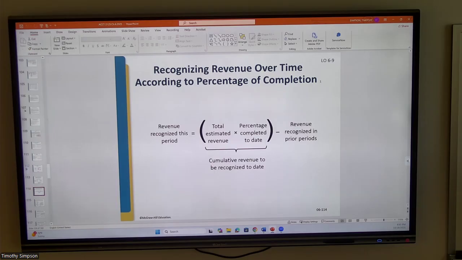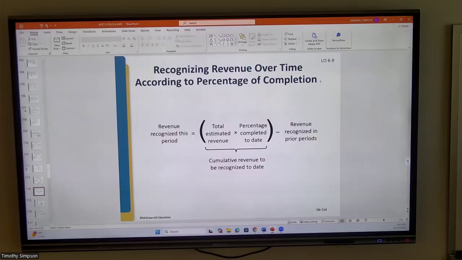And again, the cost-to-cost method, which is more of an input-based measure, that is, we expect this thing to cost 4.1 million, if we expended 2,050,000, that's 50%. So we would multiply that times the estimated revenue minus, because this is a cumulative measure, what we've already recognized, because we obviously can't book revenue twice.